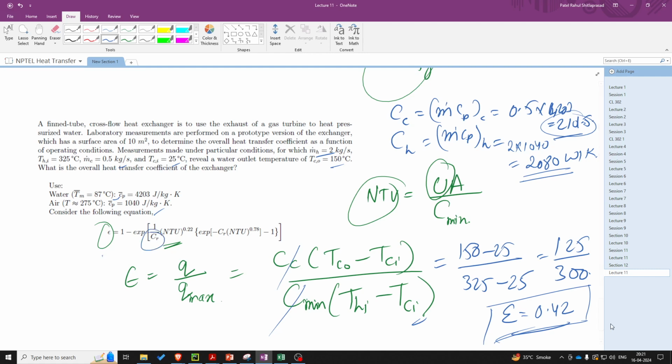CR is nothing but the ratio of C minimum upon C max. The CR will become the ratio of both of these terms, 2101.5 upon 2080.